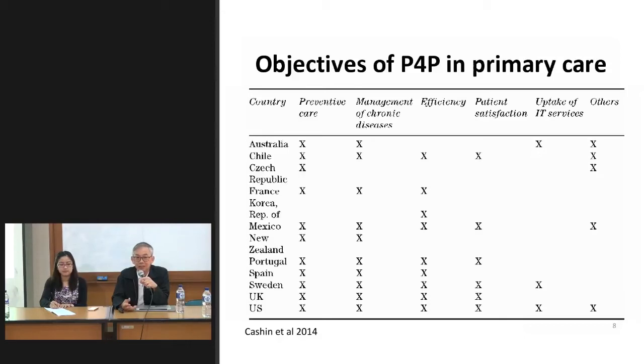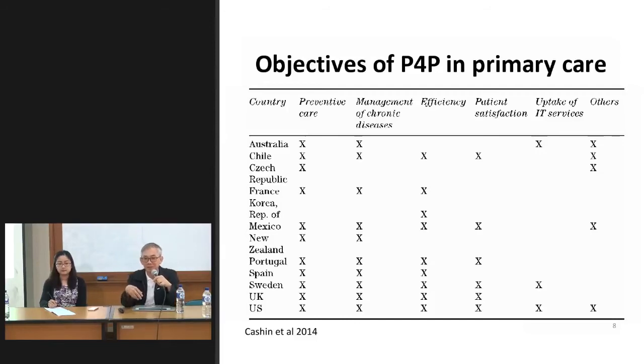So patient satisfaction is another aspect of quality. It's the lay people interpretation of quality. The uptake of the IT service, this is also classified as the P4P. It may be perhaps because if the primary care adopted the IT, then it make the system become more efficient.